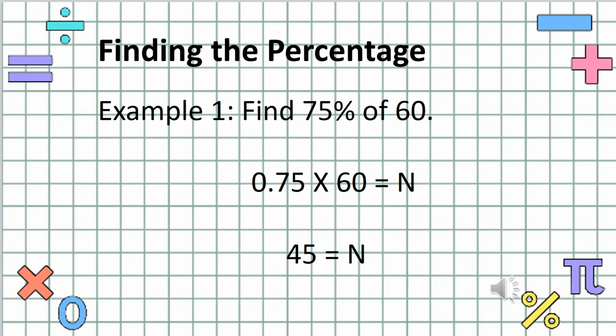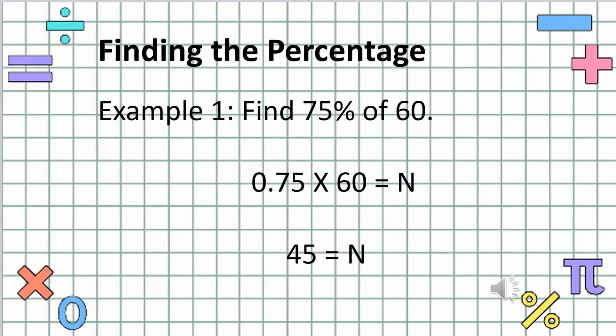So, yung 75% magiging 0.75. Then, multiply it by 60. The answer is N. Ano? So, 0.75 times 60 equals N. So, pag minultiply natin yung 0.75 at yung 60, the answer will be 45. So, N is equivalent to 45. Yung hinahanap nating percentage, that is 45.